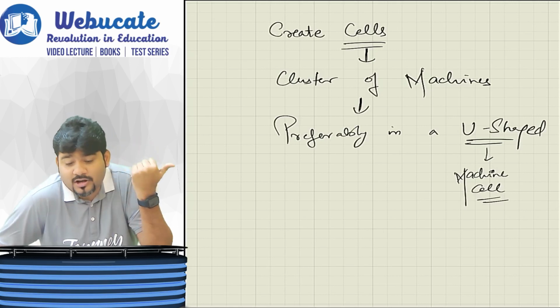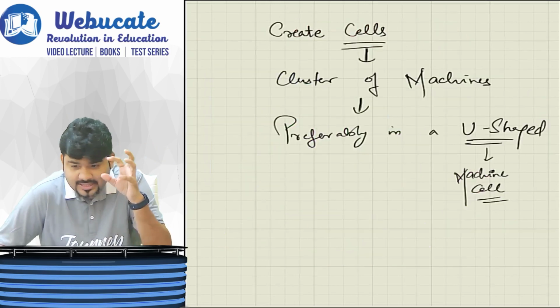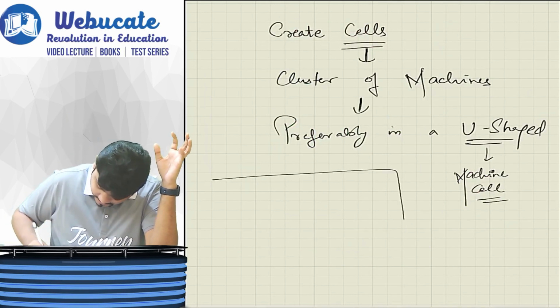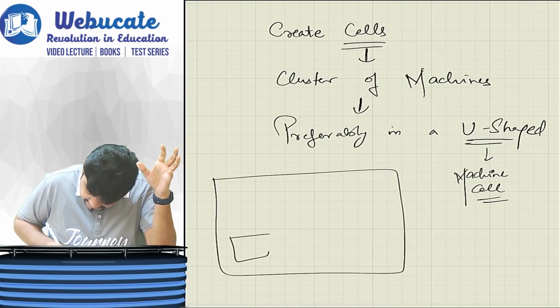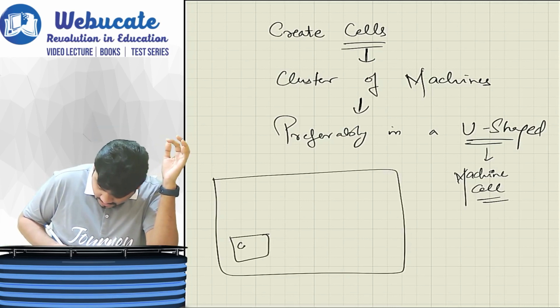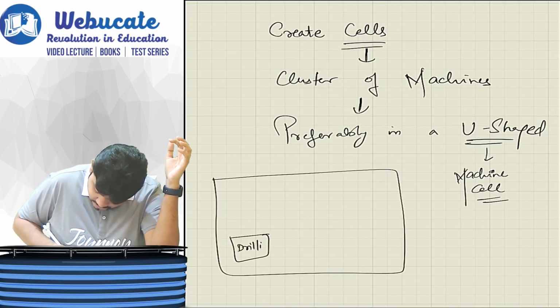So how will that help, is the CEO asking me. Now pay attention here, Mr. CEO. In this cell, what will happen? We will have machines. Say for example, you had a drilling department. So this will be drilling machine 1.